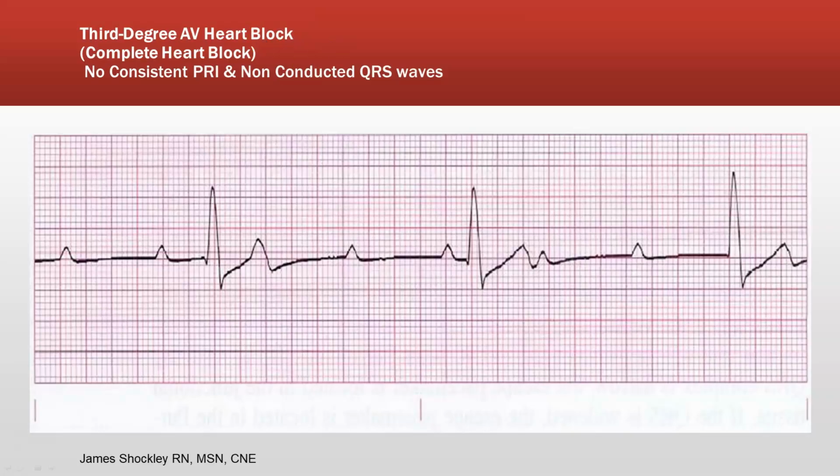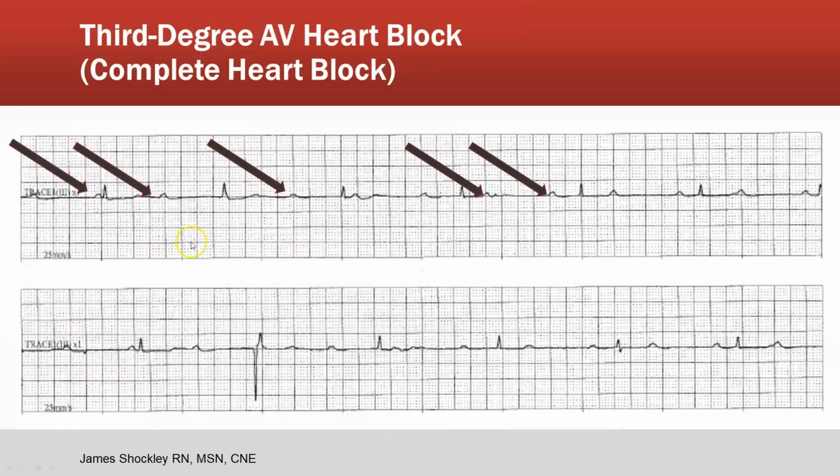So this is another third-degree AV block. And again, it's just illustrating all the points that we've already talked about. So P, here's a P. Just total chaos. And here it is on a real client.